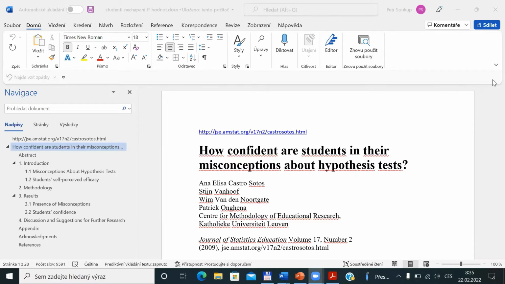Here is the second one, called "How Confident Are Students in Their Misconceptions About Hypothesis Tests?" Authors were led by Castro Sotos, and it was published in the Journal of Statistics Education in 2009. In my opinion, and I will also analyze your answers, this is the best test about statistical testing and p-values which I know, so that's why I included it.